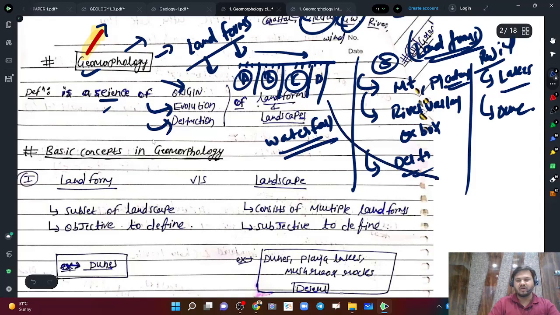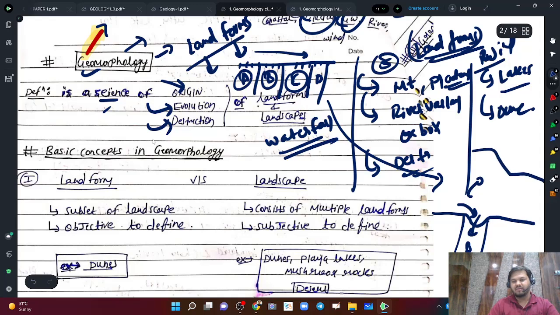So in some time, what might happen? Something like this happens. A will remain, but B is soft, so it will get eroded more. Something like this will be there. So this is the start of a waterfall. With time, there will be more differential erosion of rock B, and ultimately the river bed will become something like that.